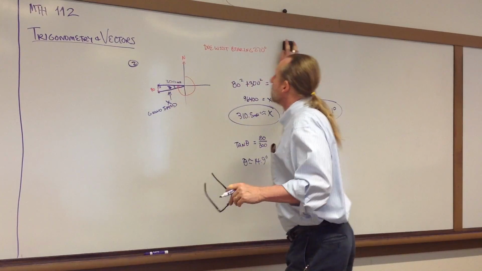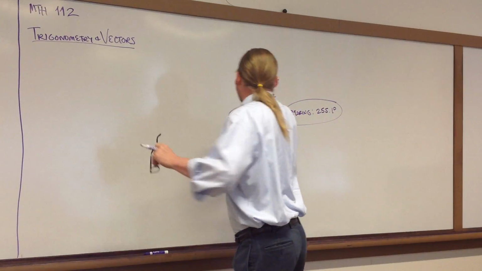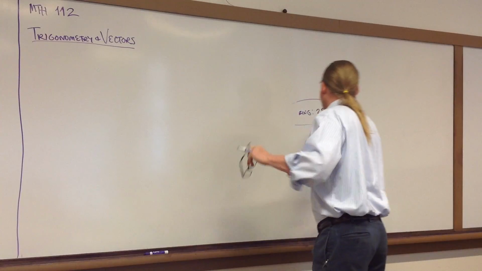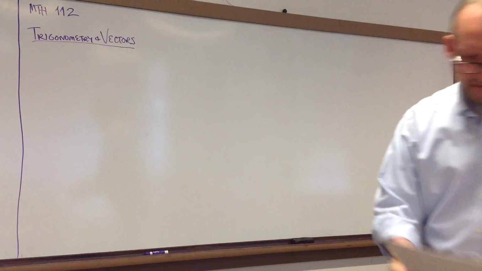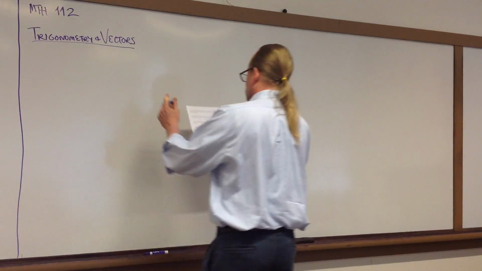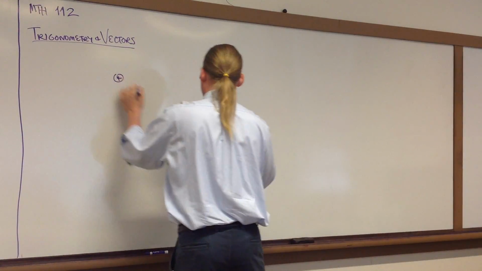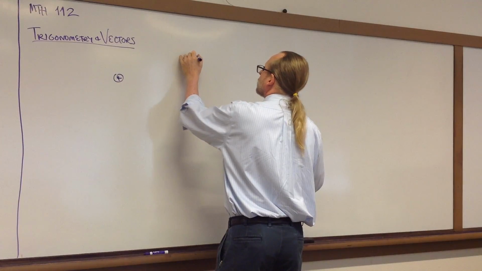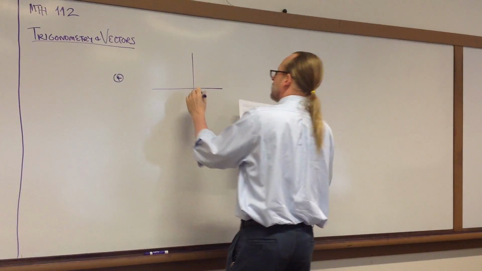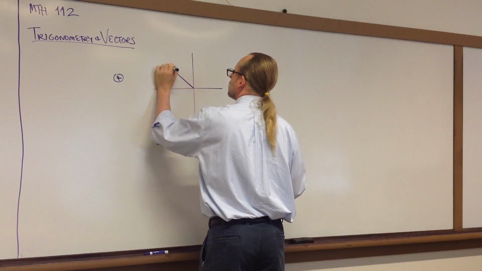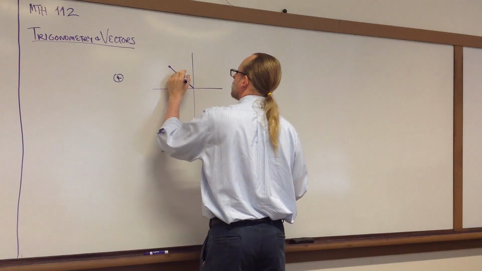Okay, let's take a look at problem 4. All right. Problem 4, a superlight aircraft is flying northwest at 75 miles per hour. So there's our northwest path.